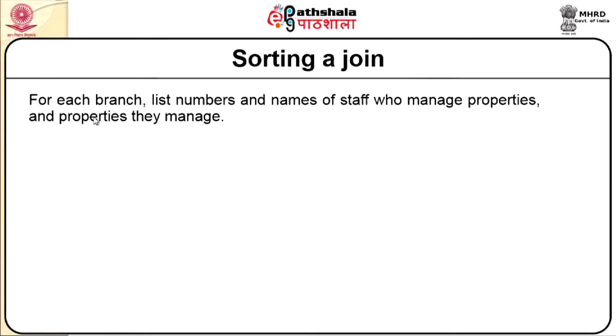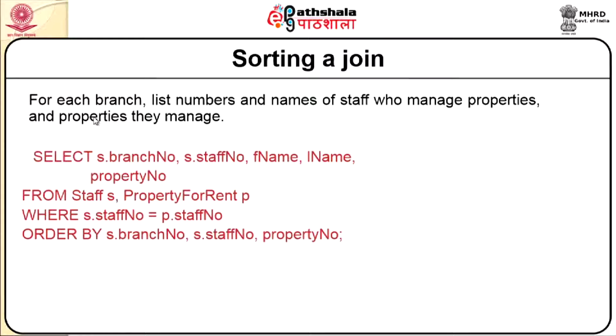Select S.branch number, S.staff number, first name, last name and the property number from staff S, property for rent P table, where S.staff number is equal to P.staff number, and order it by S.branch number, S.staff number and property number.